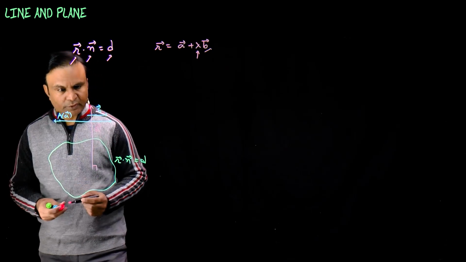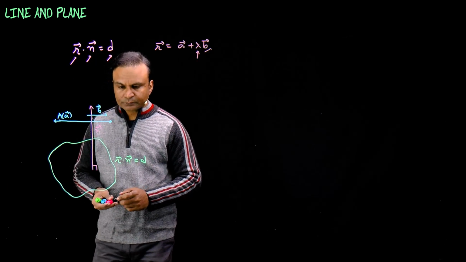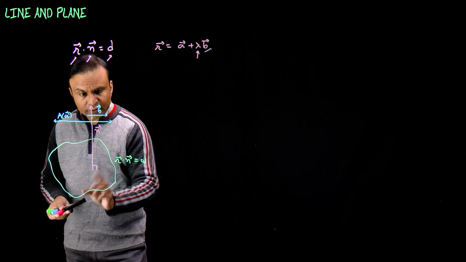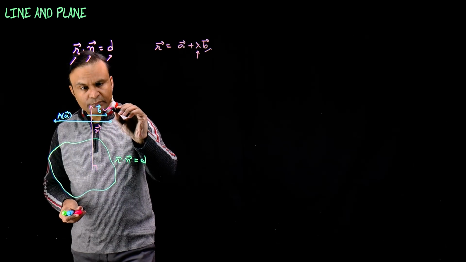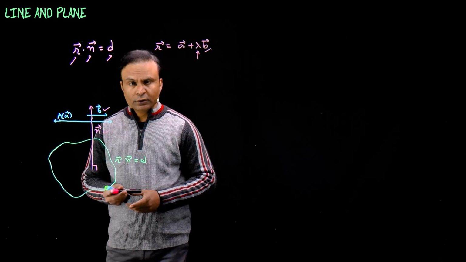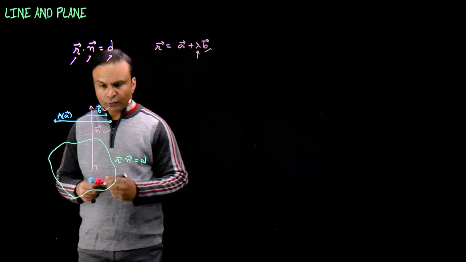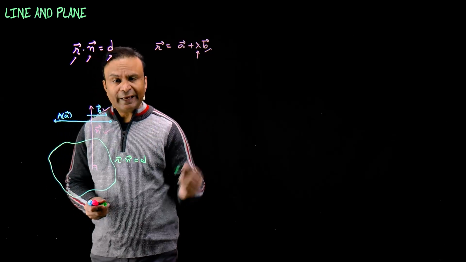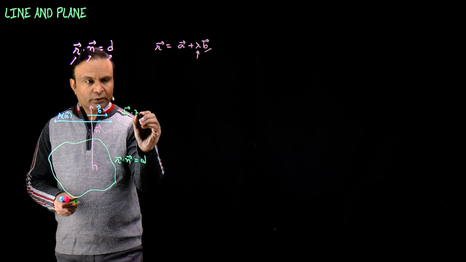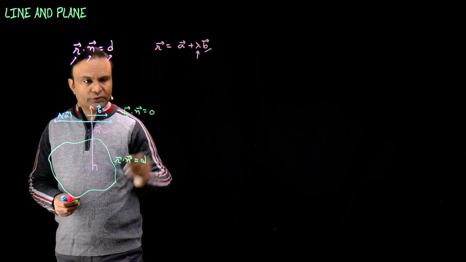This is perpendicular. Okay. Now we can see when line is parallel to this plane, vectors b and n are perpendicular. So we can say for this position of line and plane, b dot n is equal to 0.